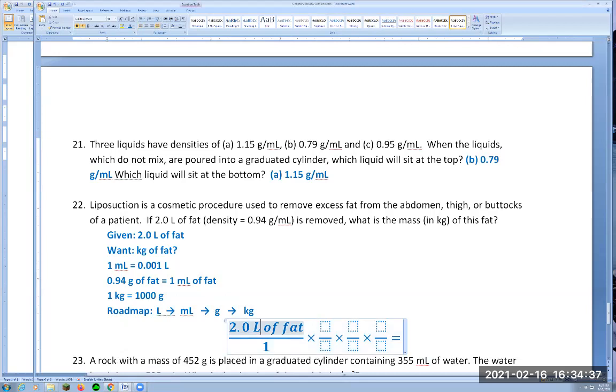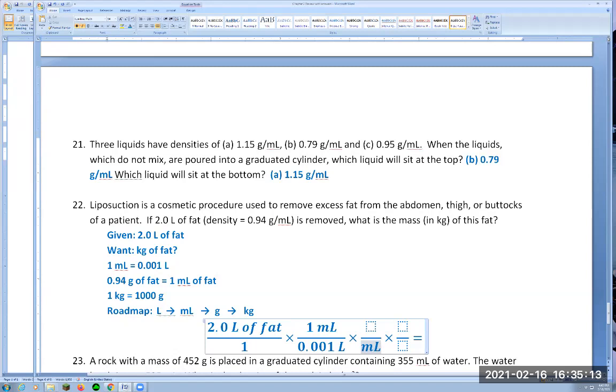The first conversion factor needs to cancel the liters and change the liters to milliliters, right? So we will use this, and on the bottom, it's going to be 0.001 liter is equal to 1 milliliter, and that goes on top. So this way, liters cancel, and you're left with milliliters. The next step, you want to cancel milliliters. So in the next step, you want milliliters in the denominator.